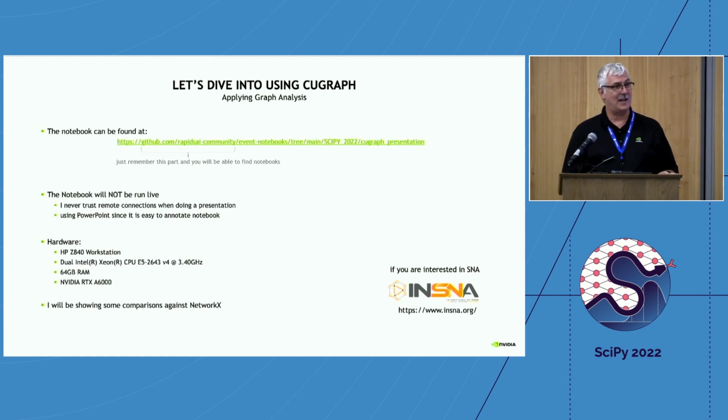For those interested in social networking analysis, I have a little call out over here to INSNA, which is the International Network for Social Network Analysis, or analysts. This is really a group of social scientists. They're always not that keen on computer scientists, but if you'd like to really know how sociologists apply this stuff, it's a great group.